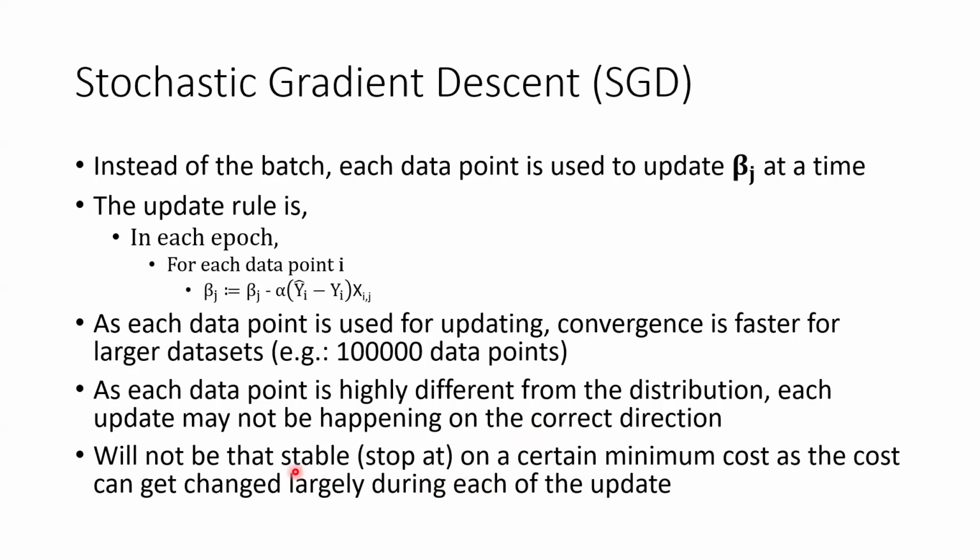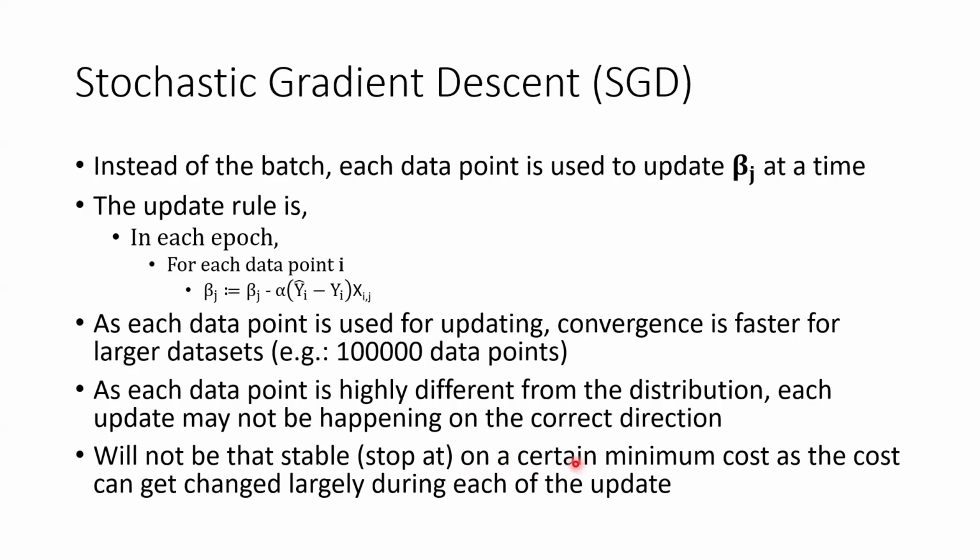And there's another disadvantage: when you come to the final point, the optimum point, and you try to do any update, because you are using a data point instead of the distribution, this data point may be different from the distribution. It would ask the values to be changed away from the optimum point.